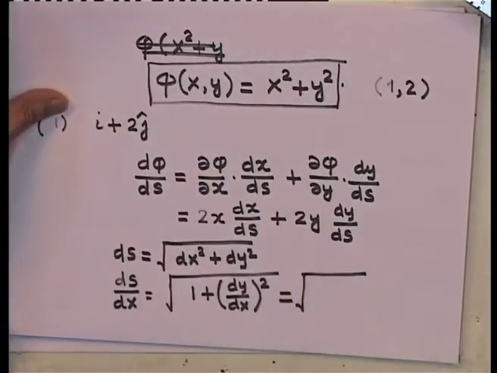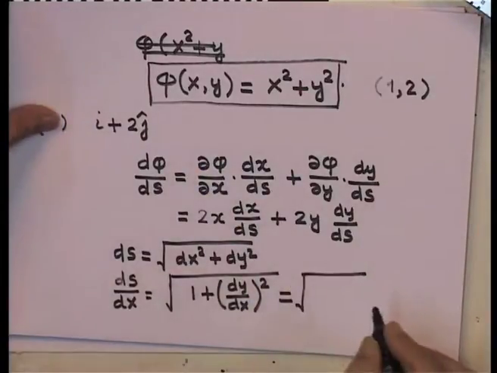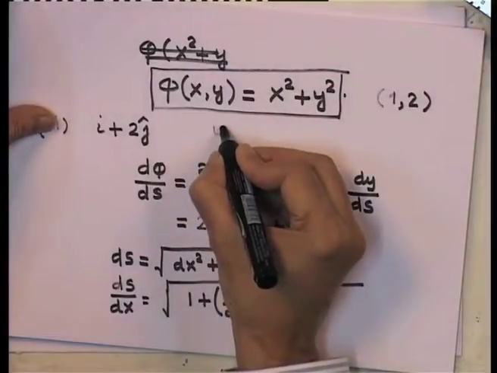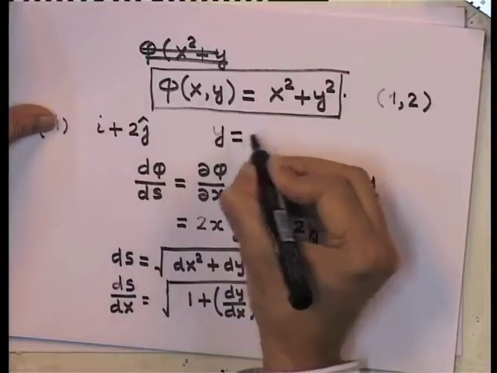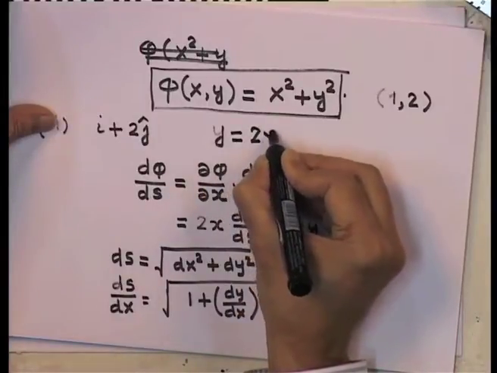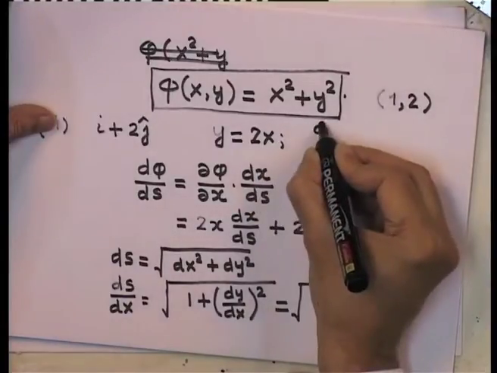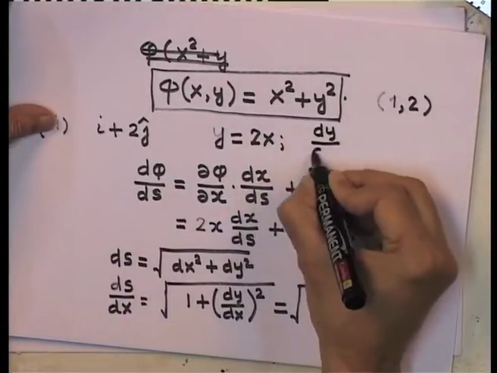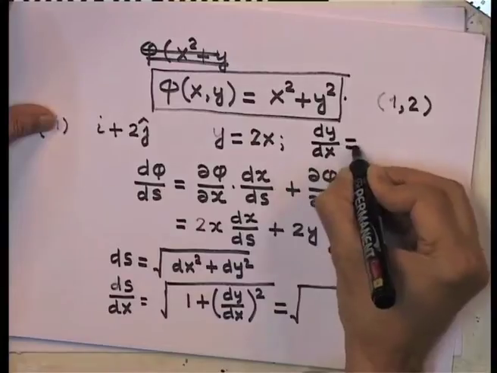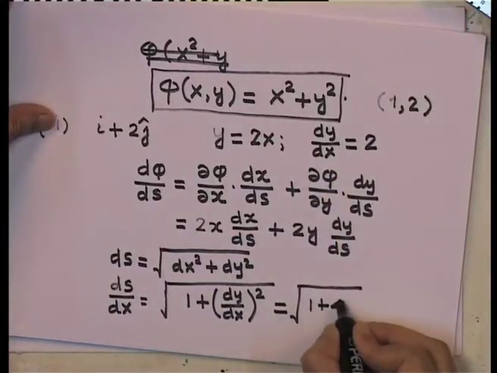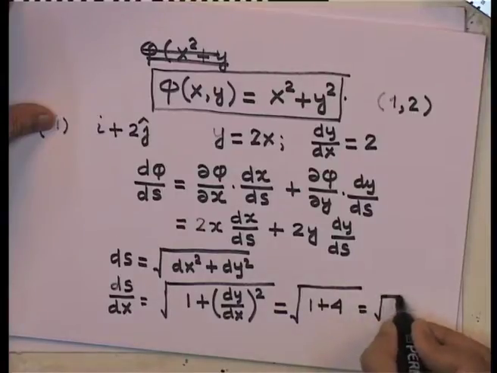Along that direction, the relationship between y and x is y equals 2x. Now, if y is equal to 2x, then dy by dx is just equal to 2. So, this is simply square root of 1 plus 4, which is equal to square root of 5.